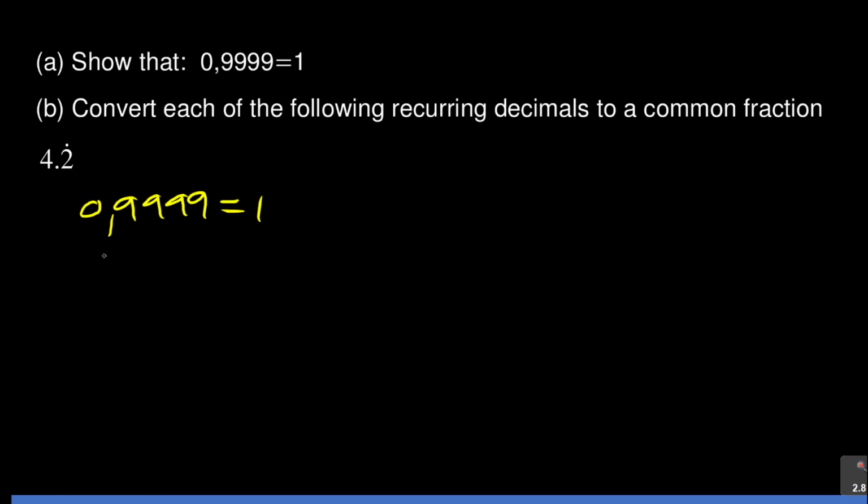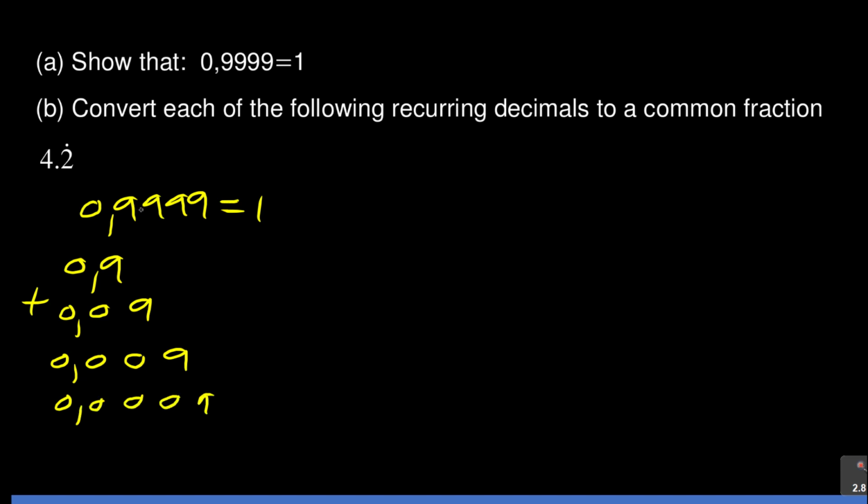For example, what is 0.999? It is 0.9, right? Look at this. I can write it like this. I think this will make sense to you. If I say 0.9 plus 0.09 plus 0.009 plus 0.0009.